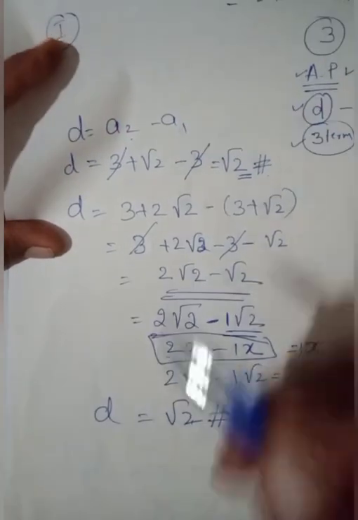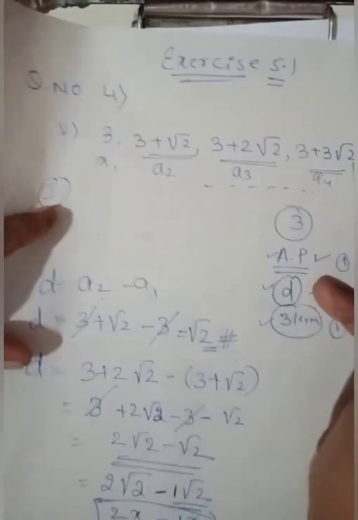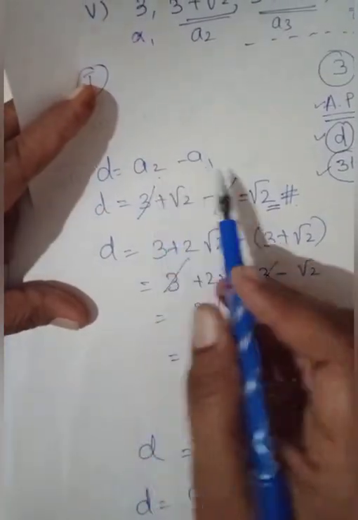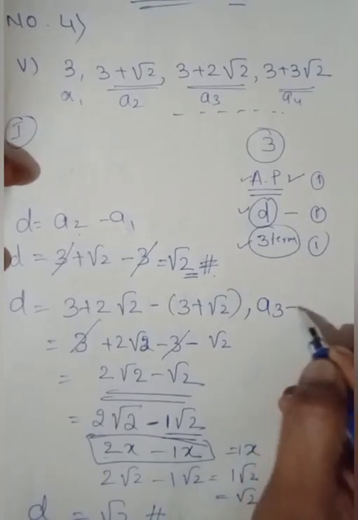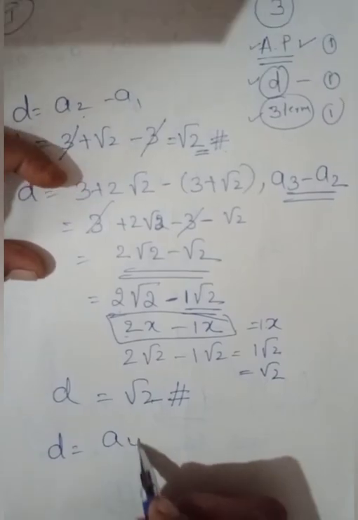Now we will check the last difference, that is the difference between the fourth and the third. First we calculated between the second and the first, next between the third and the second, and now we move to the fourth and the third.